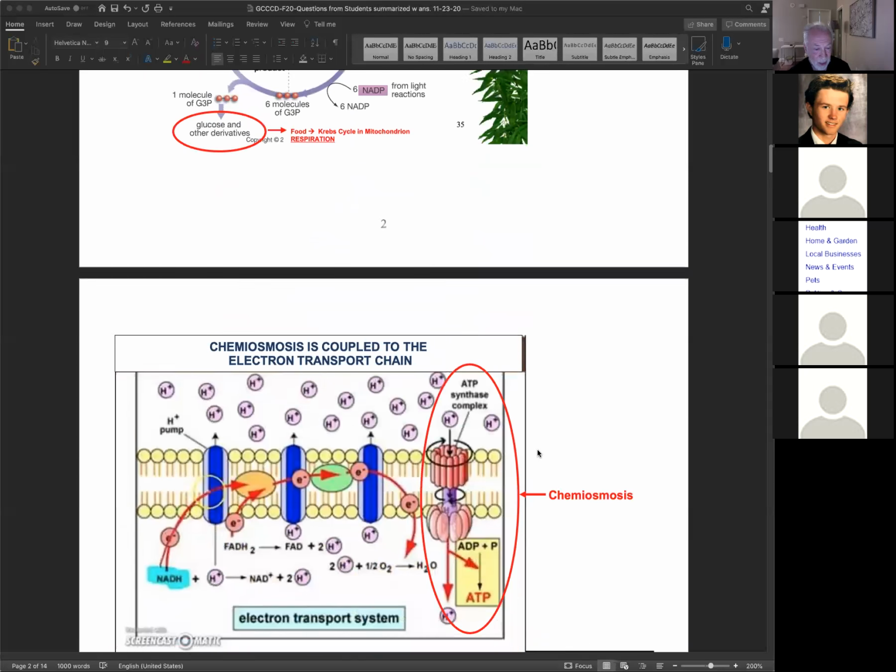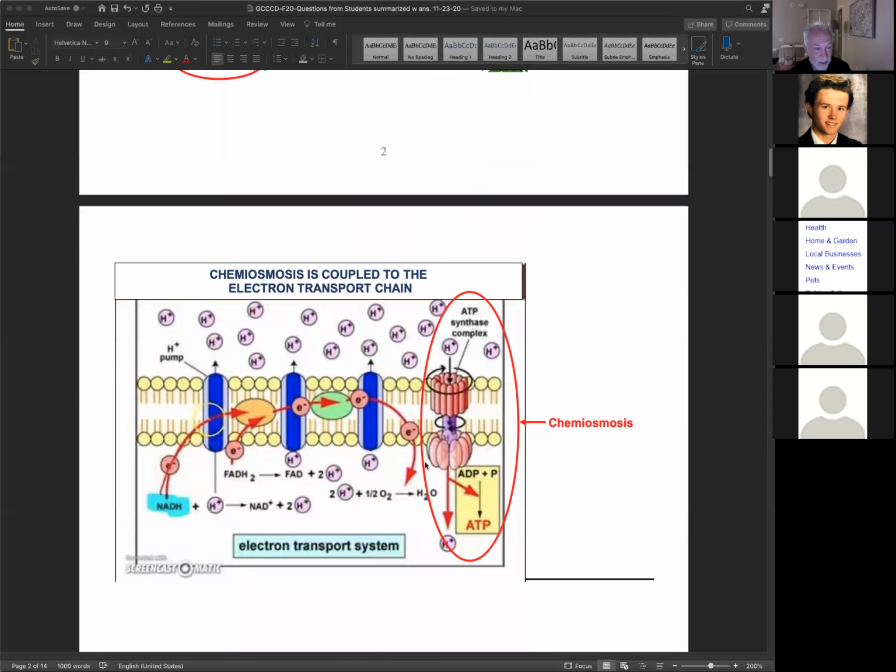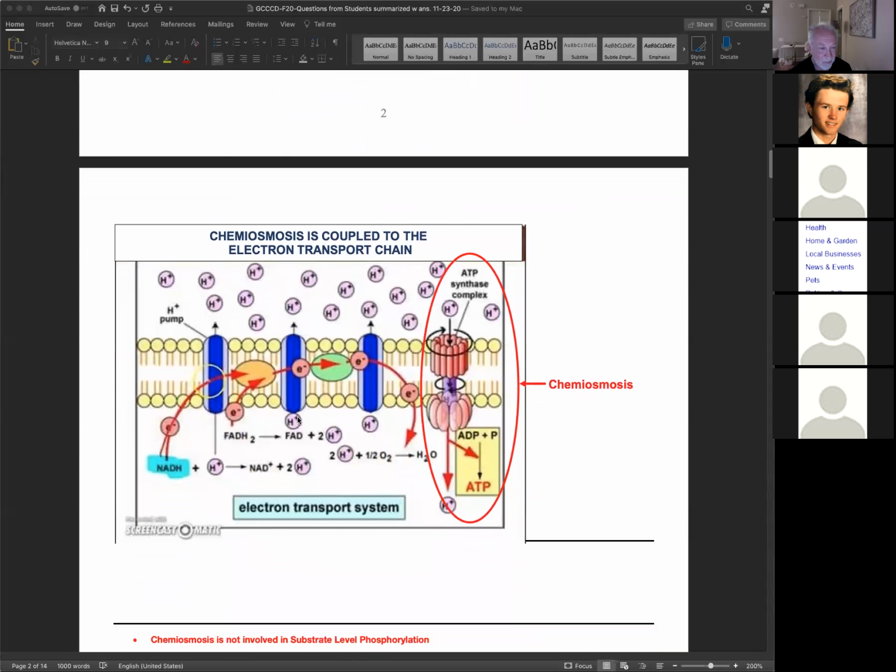And I put in another illustration of chemiosmosis. Doesn't really add anything except it is bigger and bolder. So in the middle you see a membrane, and you see transporters of hydrogen ions from one side of the membrane to the other. So the concentration at the top is higher than the concentration on the other side of the membrane.